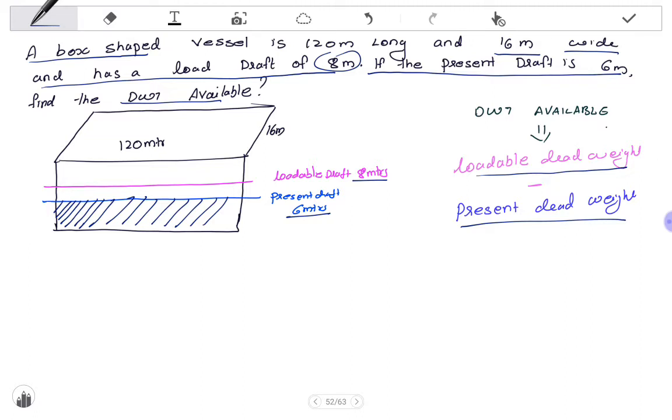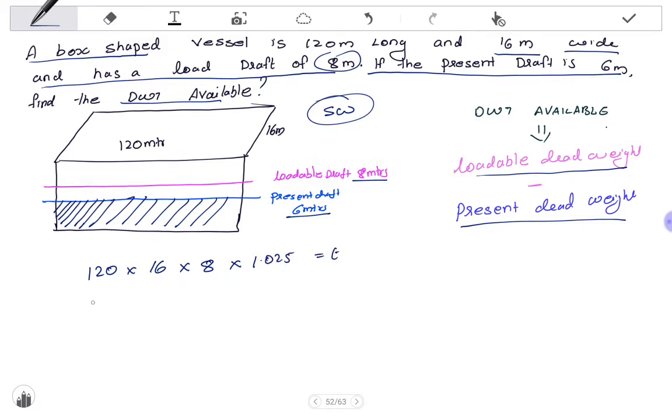In this question, it is not said whether the vessel is floating in freshwater or elsewhere, so in this case we will assume the vessel is floating in salt water. So the loadable dead weight is equal to 120 into 16 into 8 meters into 1.025 tons.